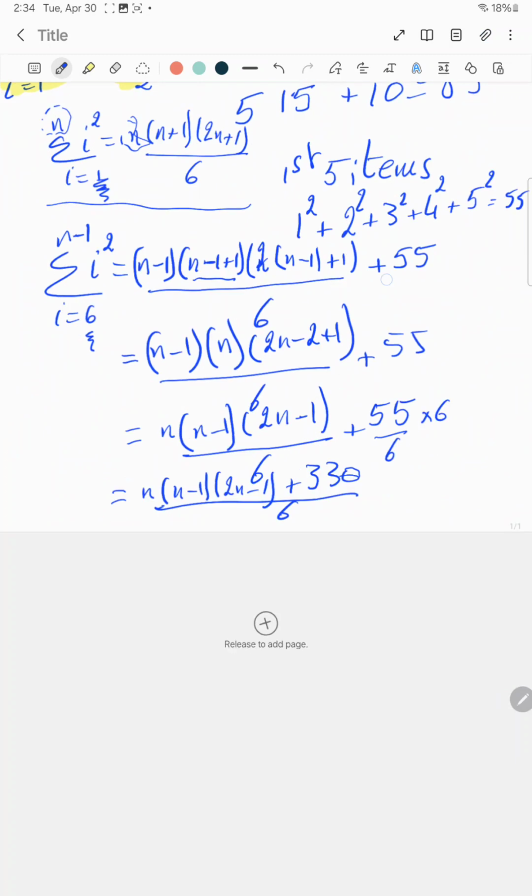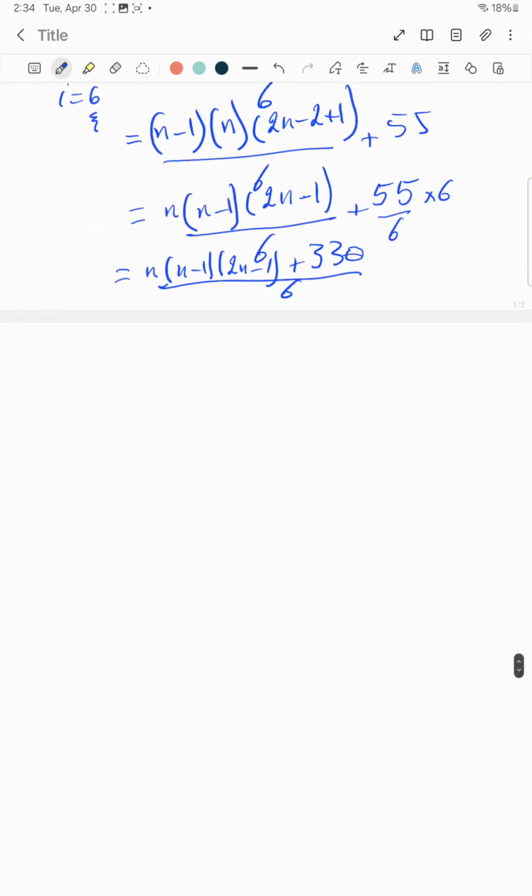Let's do another exercise and we end this video with it. The other exercise: the sum of, let's call it k this time, k equals 1 to n minus 1 of k, divided by n squared.